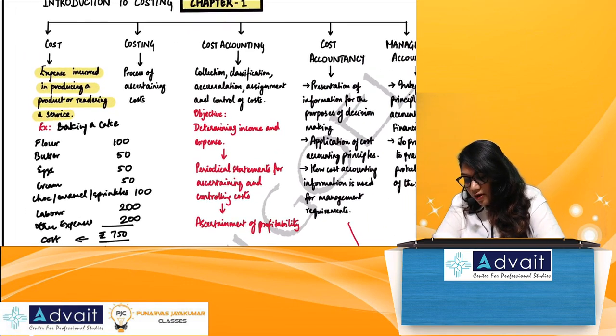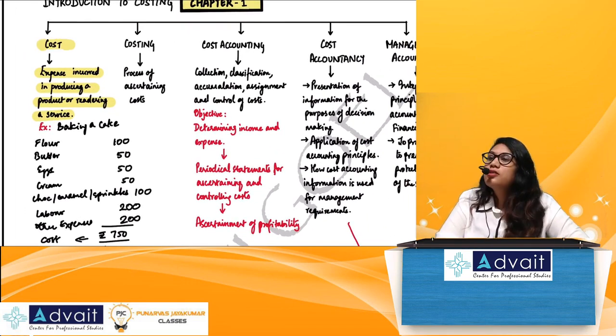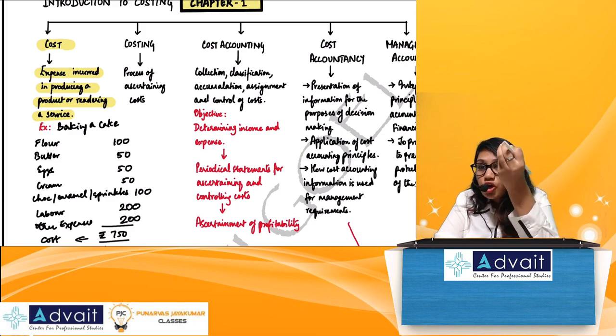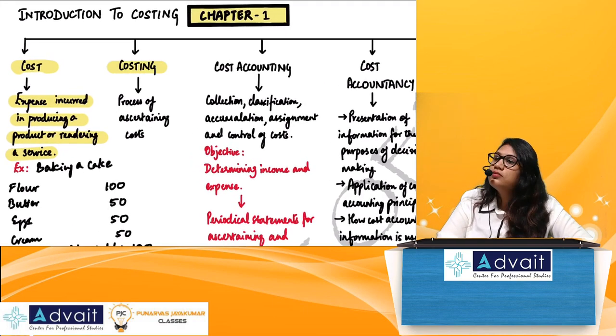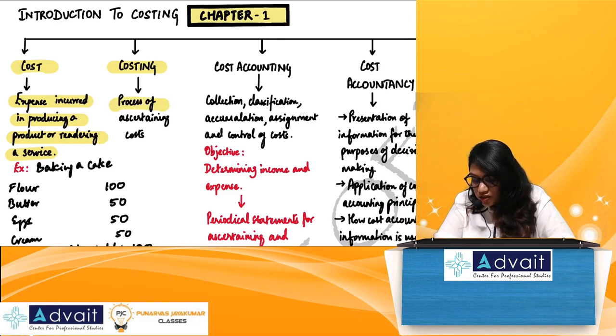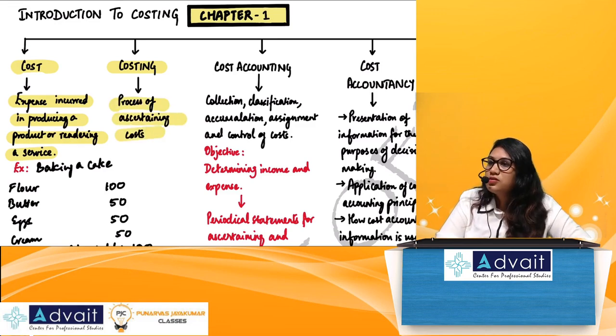So this was my first terminology that I need to understand, because obviously the name of my subject is cost and management accounting. So obviously I need to understand the meaning of that cost. Okay. Now what is costing? The process of ascertaining costs.